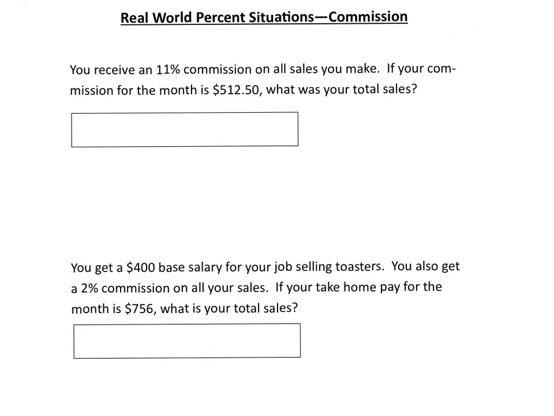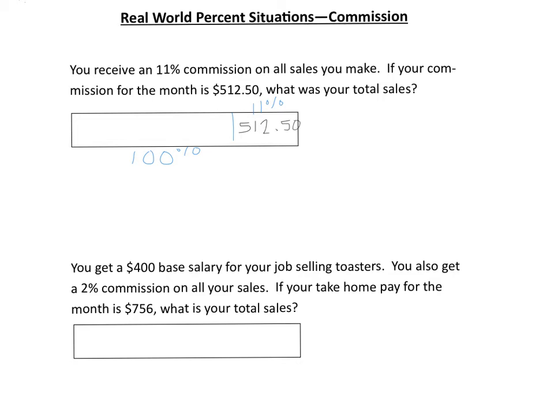Going on to page 12, you receive an 11% commission on all sales you make. If your commission for the month is $512.50, what were your total sales? If this bar represents 100% of your sales, what we are being asked about is 11% of them. And we have been told that that 11% is $512.50.